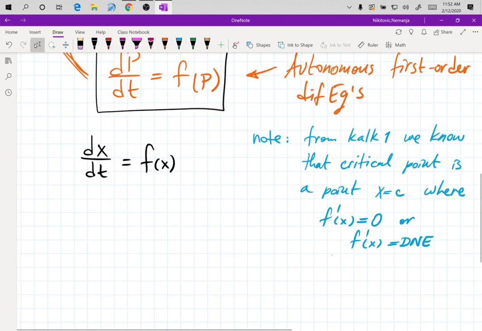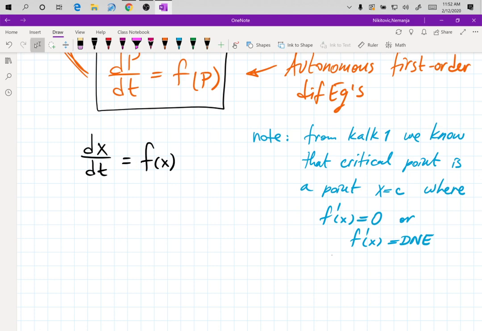So that's the side note from Calc 1. We did review that earlier before we started the lecture.